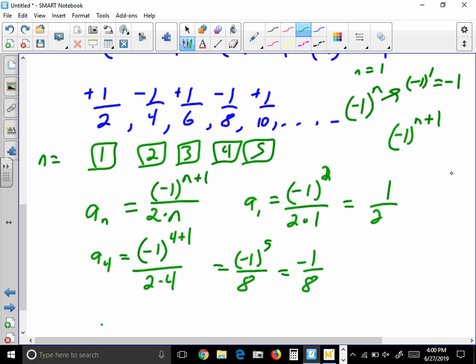That one's going to be negative. What's this one going to be? Well, negative 1 to the second, that one's going to be positive. So then you can figure out which one you need. Is it negative 1 to the n, or negative 1 to the n plus 1?